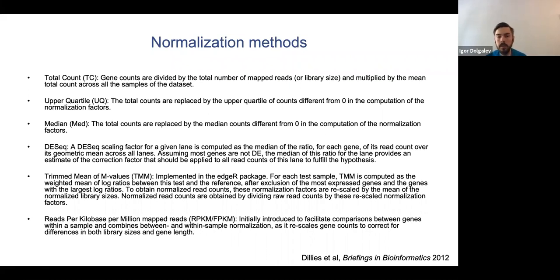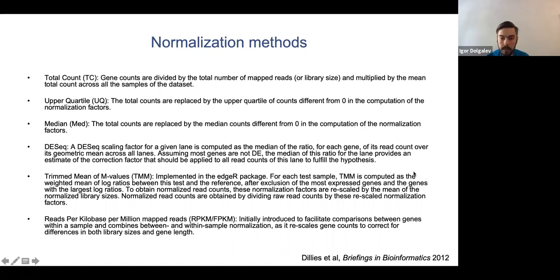They're assuming that most genes are not differentially expressed, which may or may not be the case for every experiment. The median of this ratio for a lane or sample provides an estimate of the correction factor that should be applied to all the read counts. And the trimmed mean of M values, or TMM, in EdgeR is a somewhat similar approach.